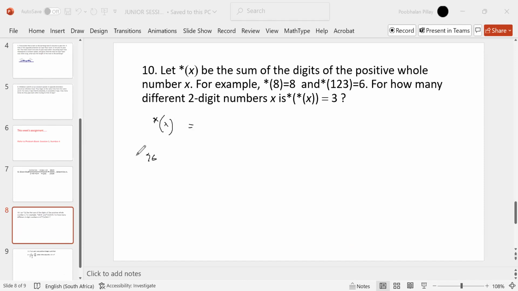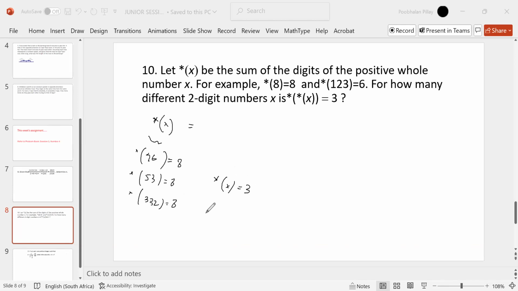Star of 26 is 8. The star of 53 is also 8. The star of 332 is also 8. Right? Now, we know the star of this is 3. So you've got the star of x is 3.